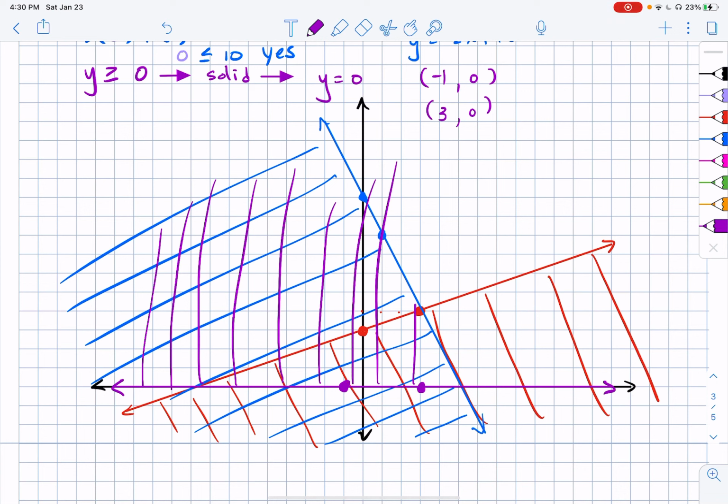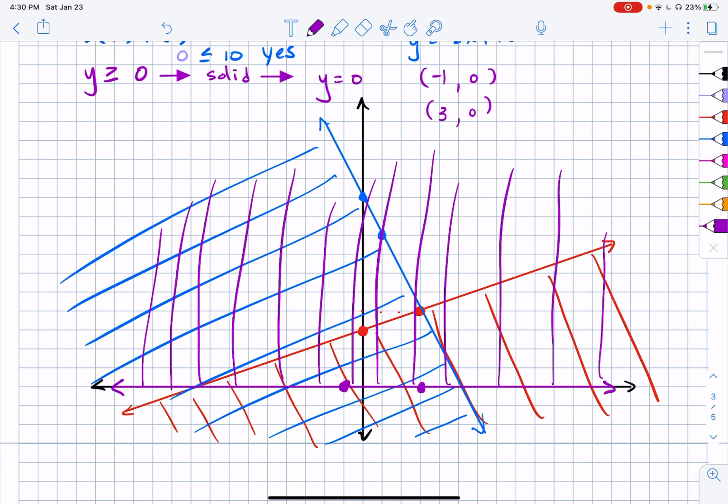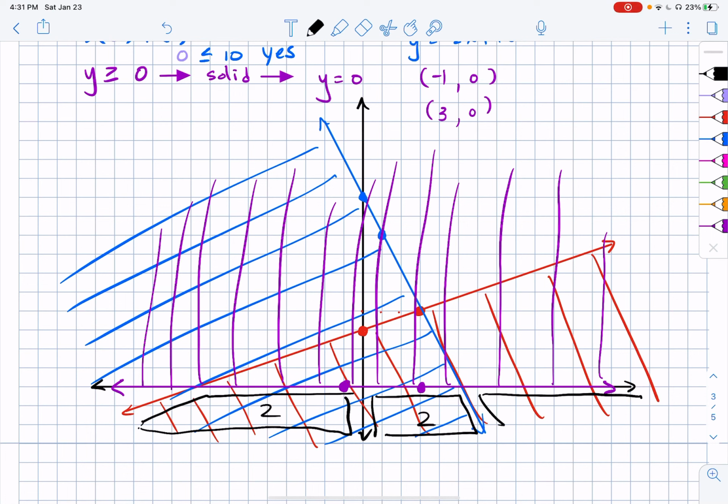Okay. So if you look at this, where is it that is shaded 3 times? Let's just use black. So right here, this region right here is only shaded twice. This right here is only shaded twice. This right here is only shaded once, right?